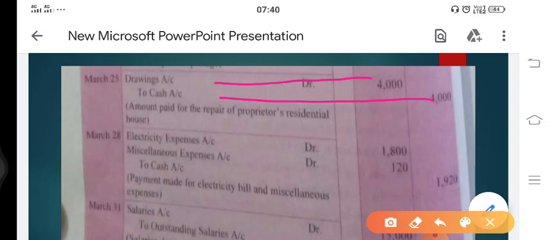The next point we have is paid electricity expenses 1800 and miscellaneous expenses 120. Now what is this? We have paid two expenses of business. Since these are expenses, they need to be debited, so we have passed a compound entry.